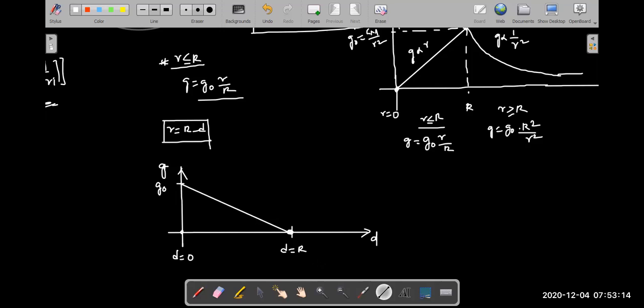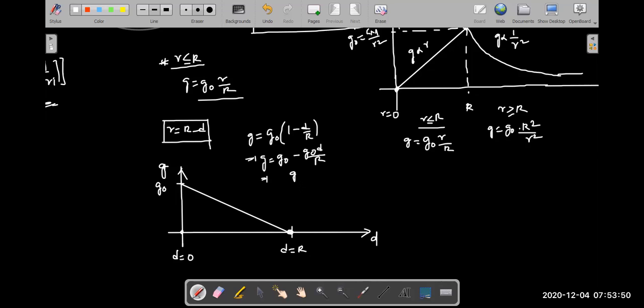Do you agree? How is it decreasing linearly? Because the value of g is increasing linearly from 0 to R. That means from R to 0, it is decreasing linearly, right? Magnitude wise, g is equal to g naught into (R minus d) by R, that will be 1 minus d by R. So let's put g is equal to g naught minus g naught d by R. So this is g.